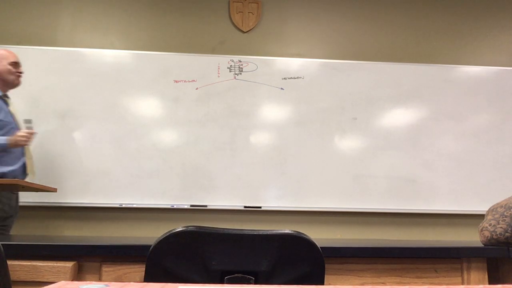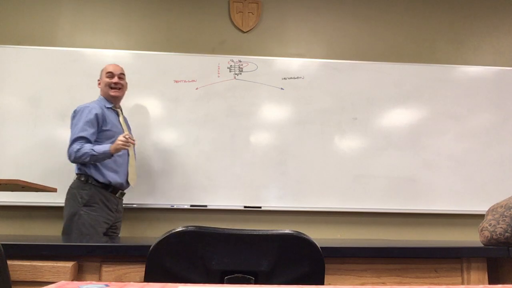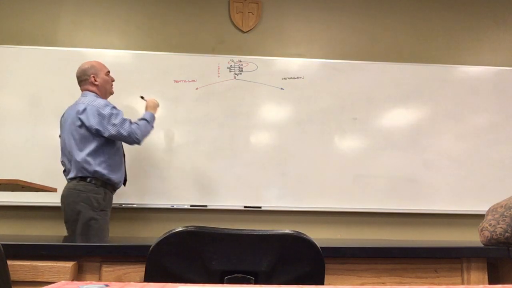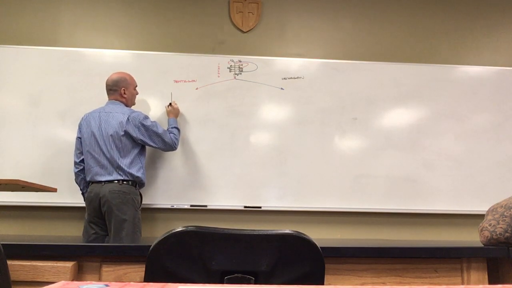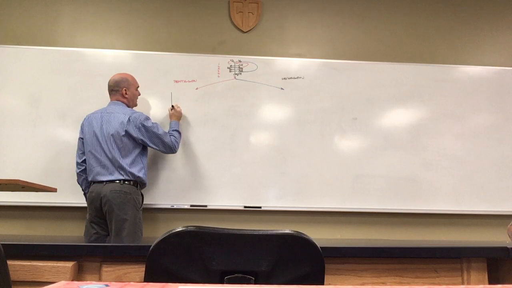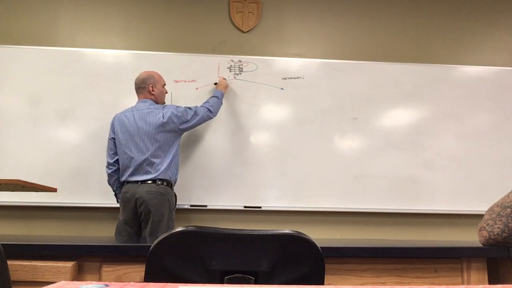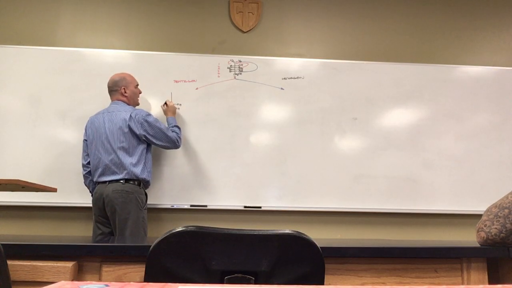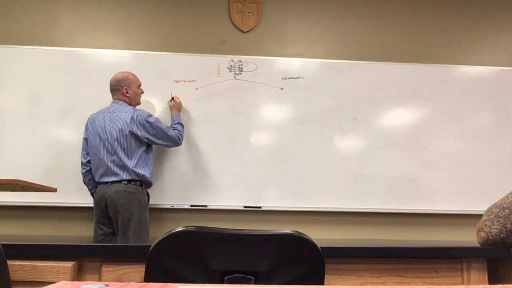The first thing we're going to do is write this out again as a Fischer projection, but looped around. So carbon number 6 is not involved. Carbon number 5 is not involved.